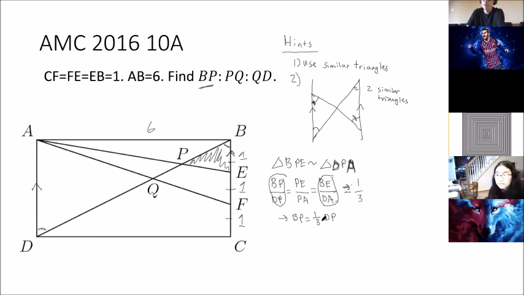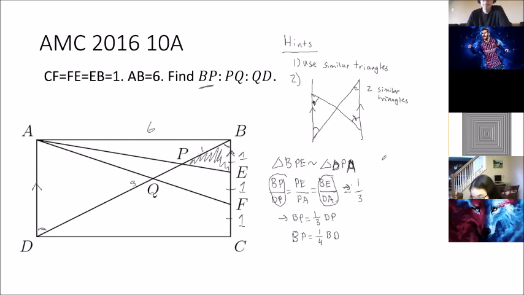Here, I've already related BP to DP, but DP doesn't make much sense. It's not as nice as BD. So instead, I'm going to do this. BP is actually 1/4 of BD, because if it's 1/3 of DP, then you have a 1:3 ratio, which means the total is 1:4.